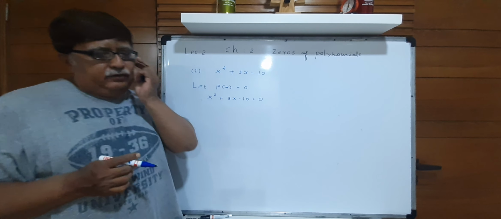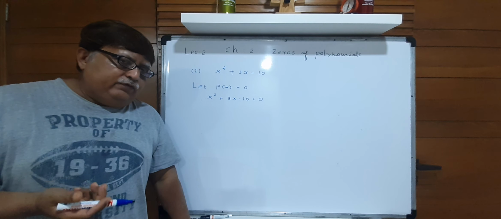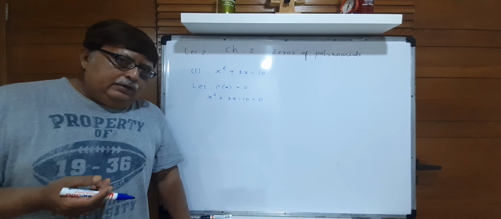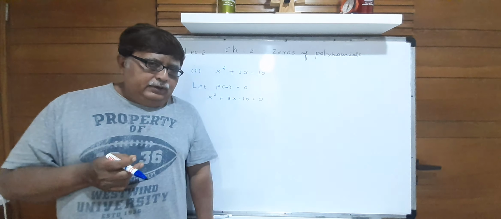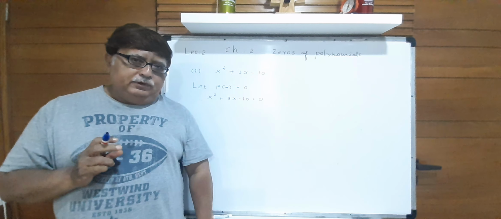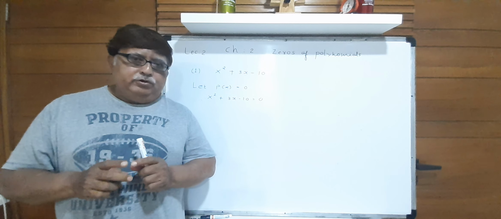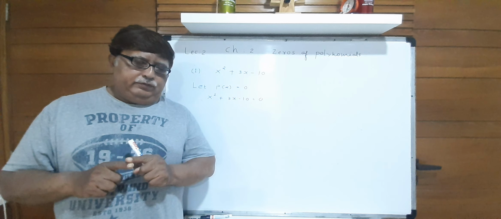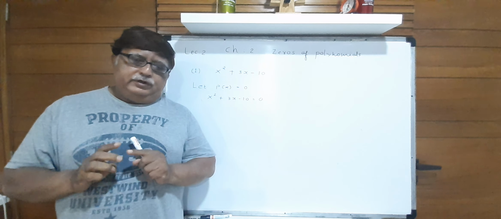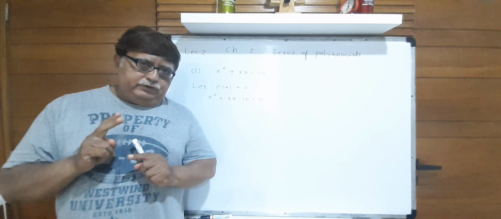Suppose anybody asks you find the factor of 10, so 1 tens are 10, 5 twos are 10. As you know, 5 twos are 10 and 5 minus 2 is 3, because you have to take subtraction of both the factor. One has to be positive, one has to be negative.